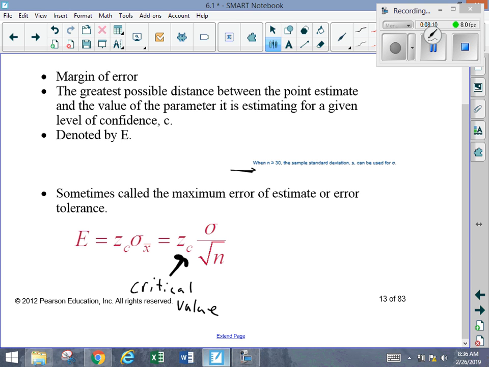That's what that is. We will find that using the Z table. I'll show you, sorry, your T table. I'll show you how to find that. It's the easiest way to find it. And then this here, the sigma divided by the square root of n, is called your standard error.